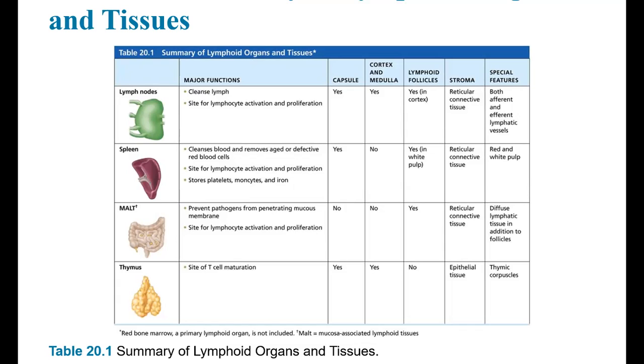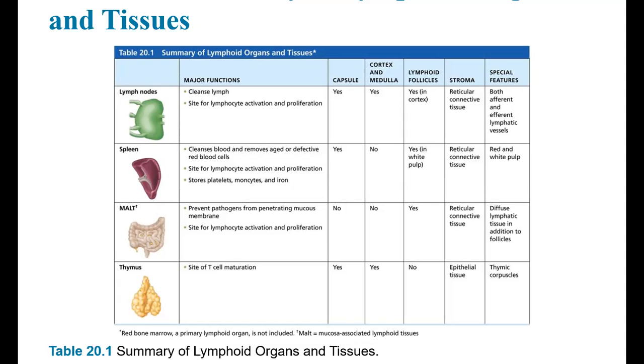As interstitial fluid enters the lymphatic system, that is when we call it lymph. And the lymph node cleans the lymph, right? So this is also going to be a site where we're going to have some lymphocyte activation and some proliferation occurring here.